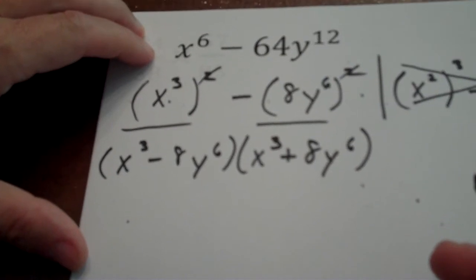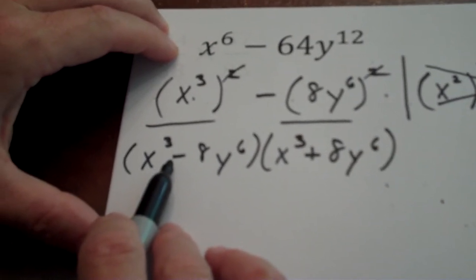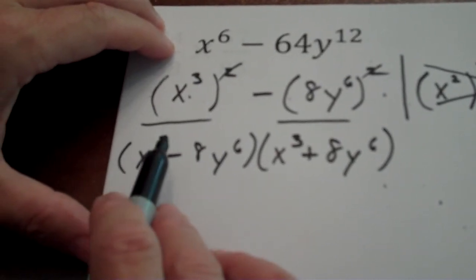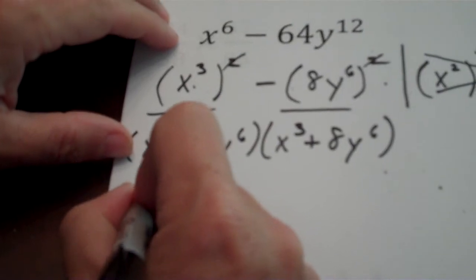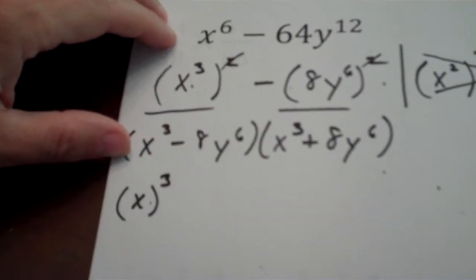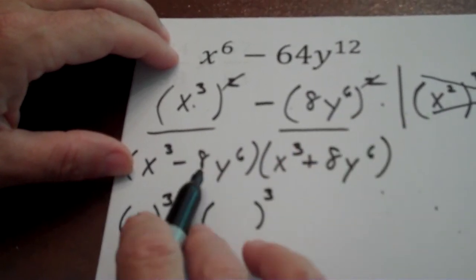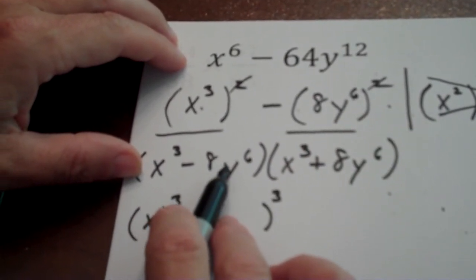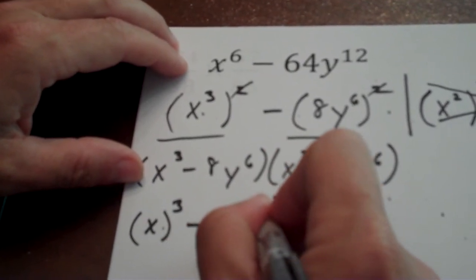This is a multiple step problem again, folks. This is now a difference, but it's a difference of cubes. This becomes, or you need to look at it, like x cubed, of course, minus what cubed would be 8y to the sixth? Well, that would be 2y to the second.